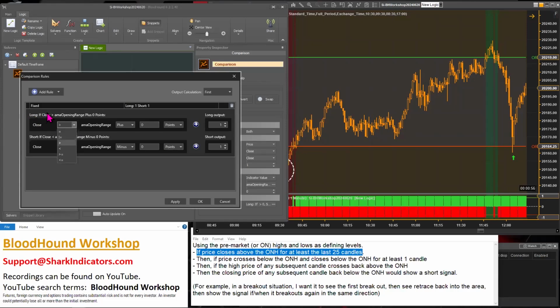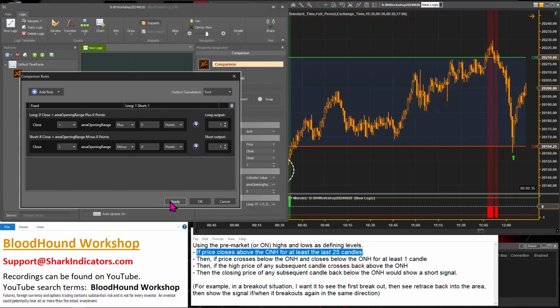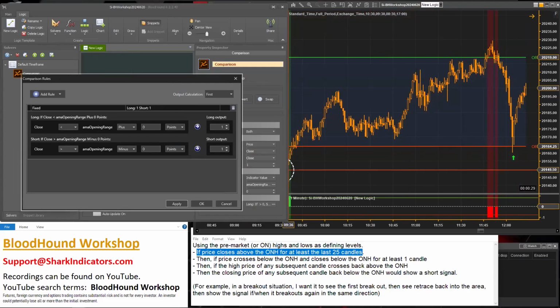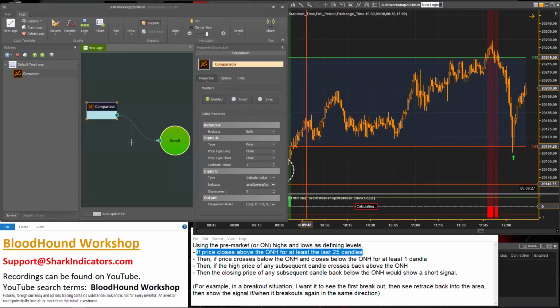For a long output, instead of the close being greater than the lower range, we want the close to be less than. And for shorts, if the close is greater than the upper range, we need to switch this to greater than. We can hit apply, so we can see the results without having to close this window. And there we have it.